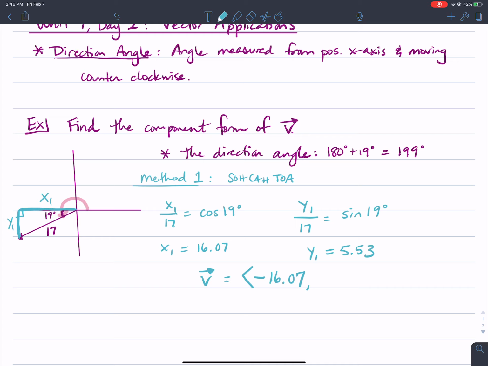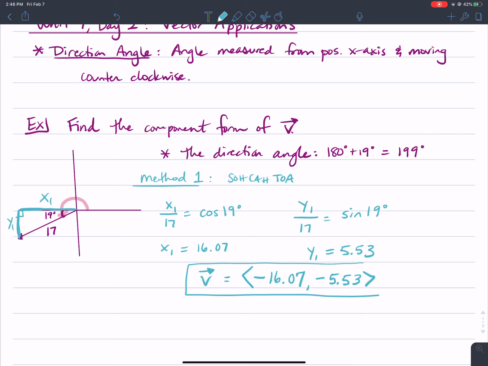Again, looking at the picture, 5.53 indicates moving up, but our picture shows that it's below the x-axis. So we need to be smarter than the math and say that that's negative 5.53. All right, so that's method one, using SOHCAHTOA.